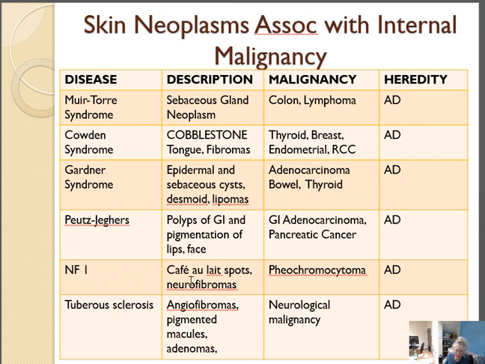Neurofibromatosis type 1, you see cafe au lait spots and neurofibromas, and they may have a malignant pheochromocytoma. And this is autosomal dominant. Tuberous sclerosis. You get angiofibromas, pigmented macules, and adenomas. It has a neurological malignancy, and it is also autosomal dominant.